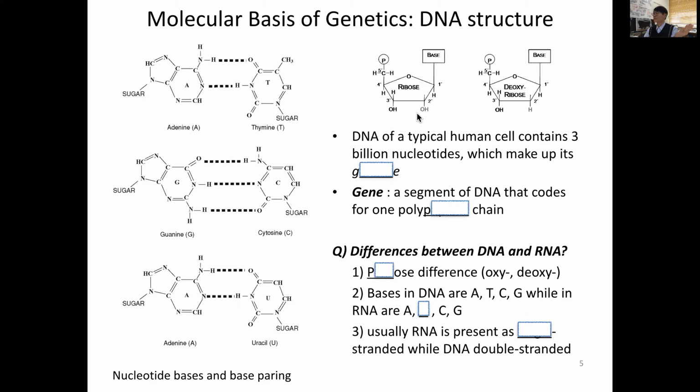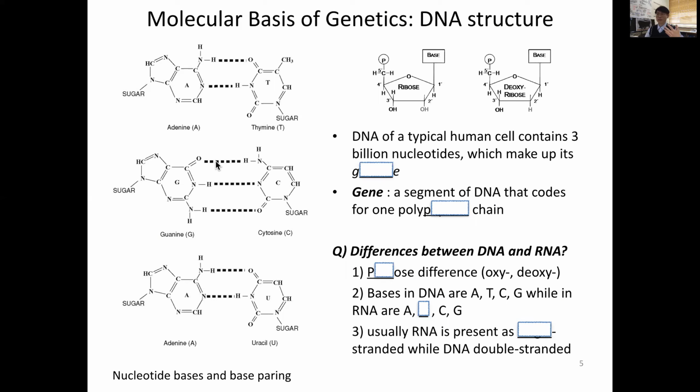On the left-hand side, this is adenine and thymine. You see there are 2 hydrogen bonds that make them complementary to interact with each other, while guanine and cytosine have 3 hydrogen bonds.